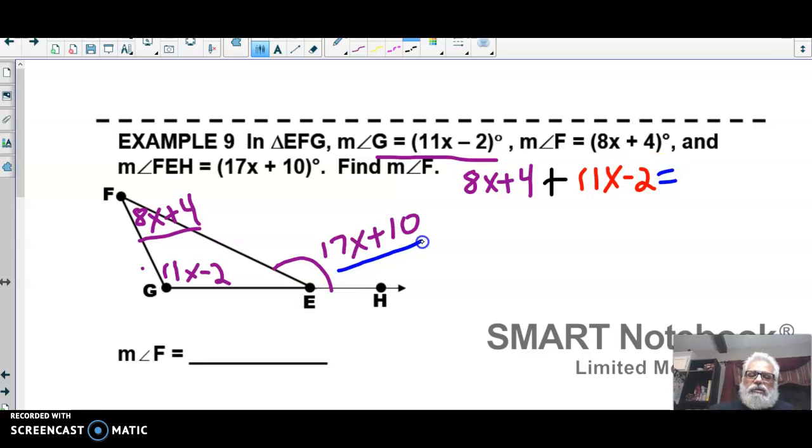The exterior angle is 17x plus 10. So you're just going to do your algebra.